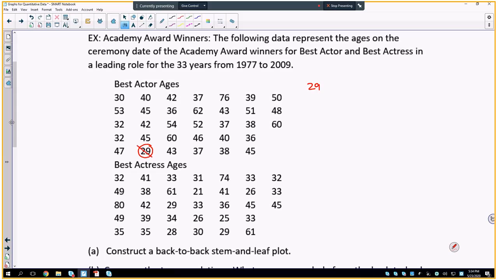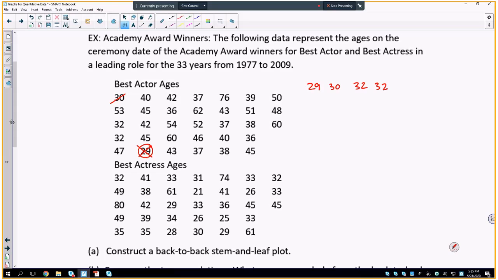So 29, then I have 30, and then I don't see anyone else who was 30. I see 32. So let's say this is the next age.